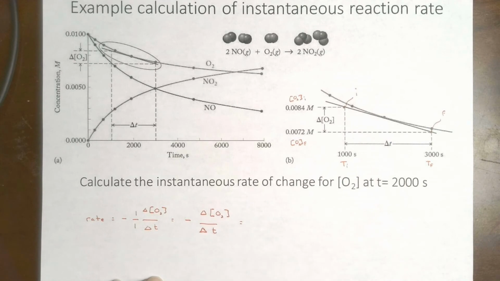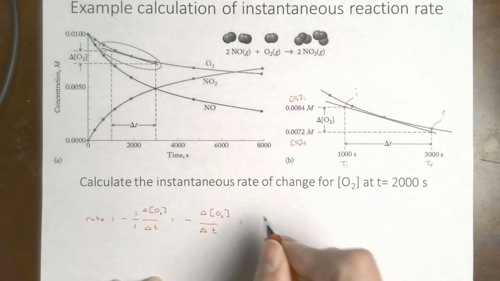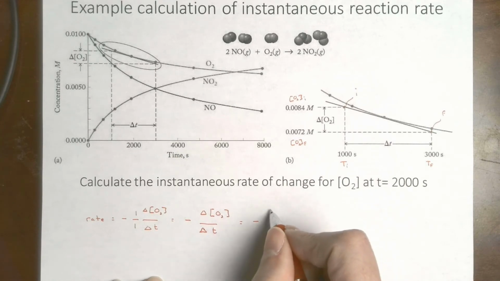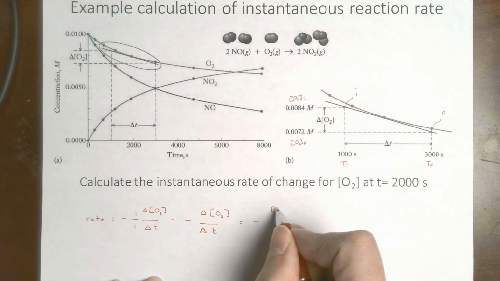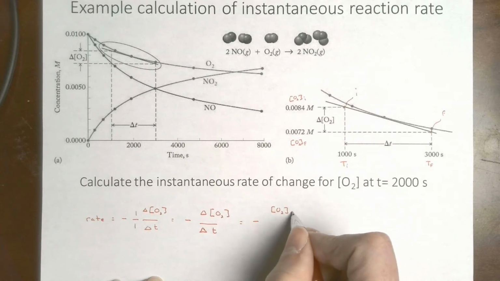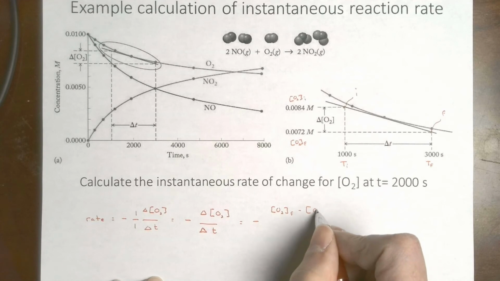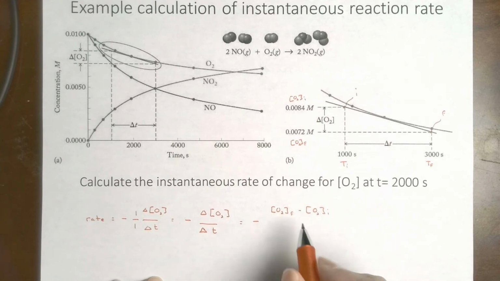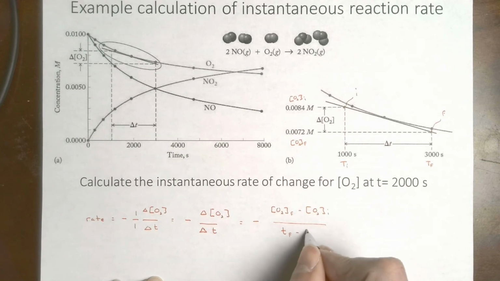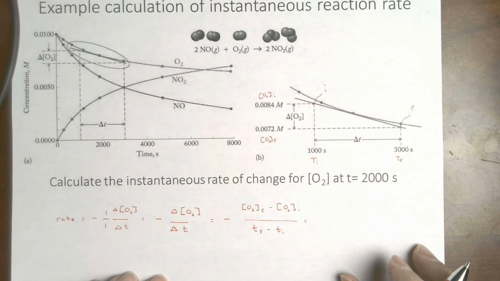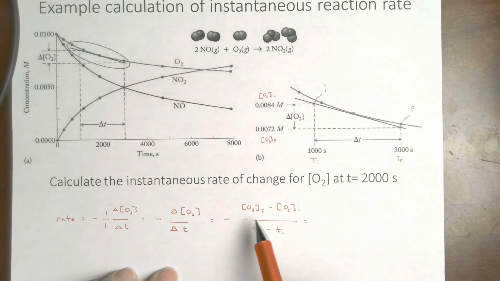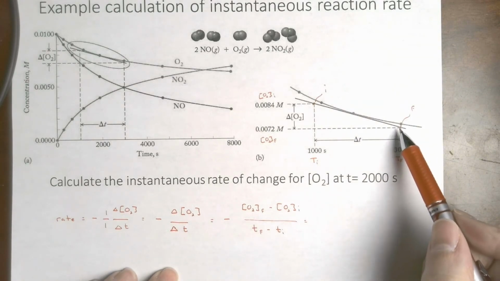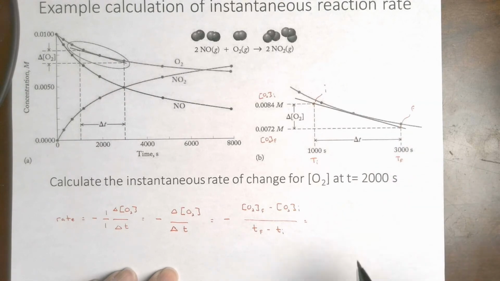So if we start to plug some of this in, we would say it's going to be minus the concentration of oxygen final minus the concentration of oxygen initial, over t final minus t initial. The final concentration would be the concentration at 3,000 seconds.